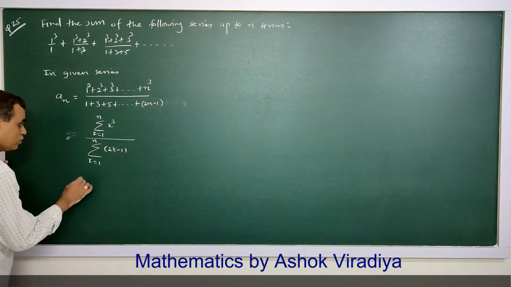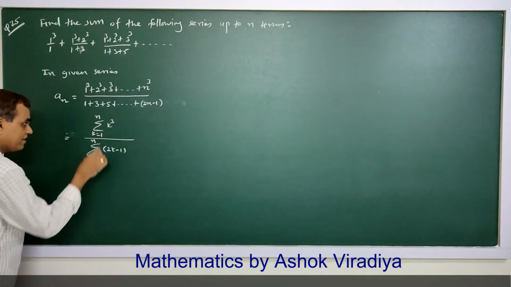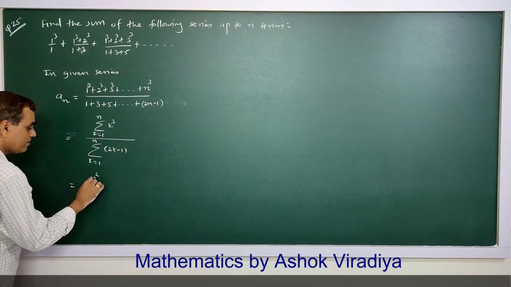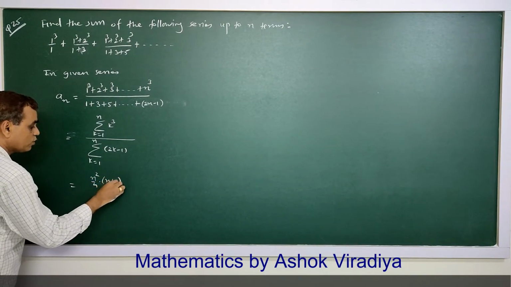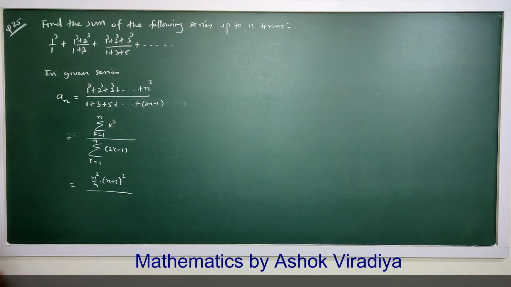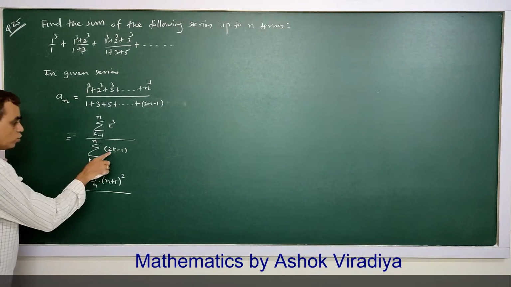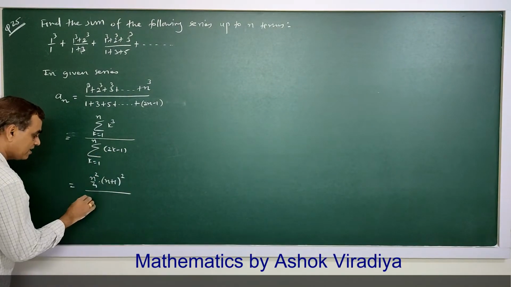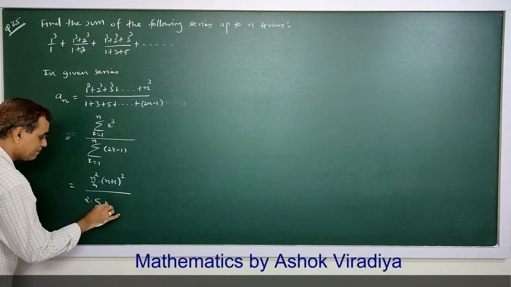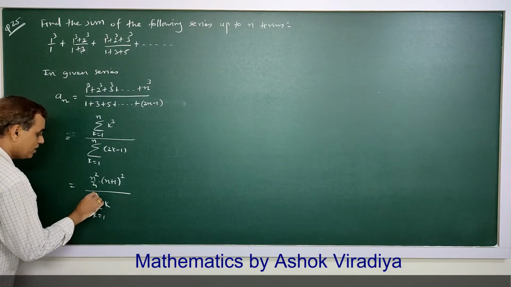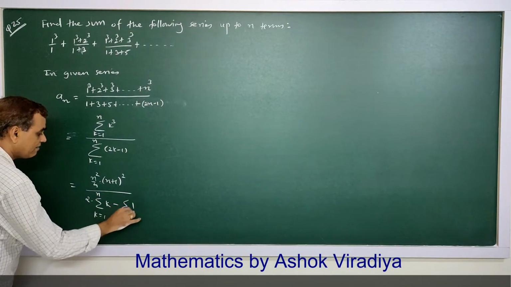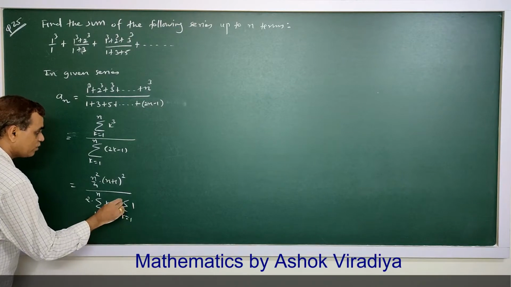Now sigma k cube, k from 1 to n, is n square by 4 times n plus 1 whole square. Here, distributing the sigma, 2 times sigma k, k is 1 to n, minus sigma 1, k is 1 to n.